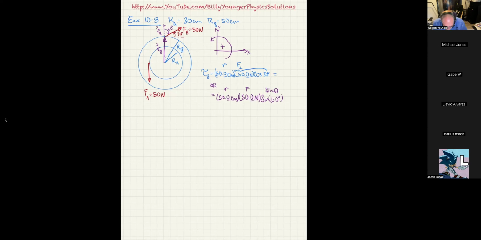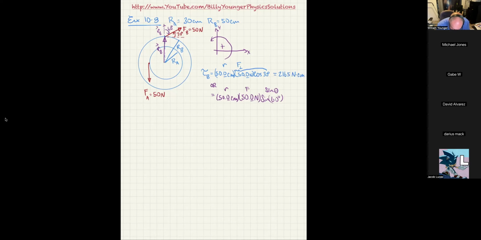And it's going to be 50 times 50 times cosine 30. Now remember, we're off because this is in Newton centimeters. So this is 2,165 Newton centimeters.